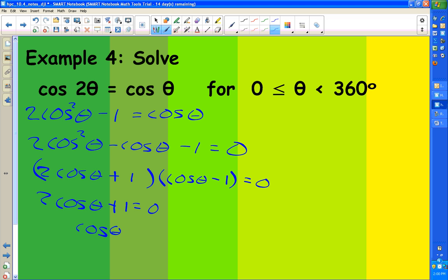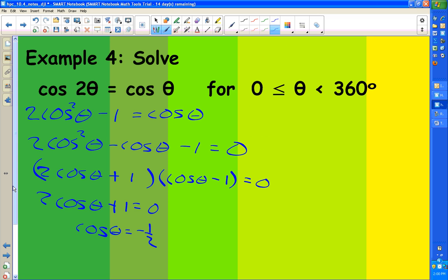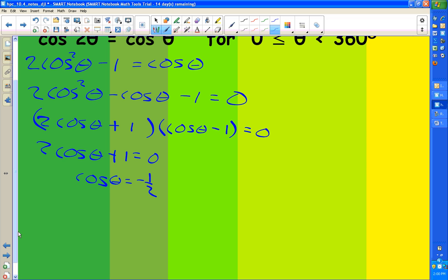Where is the cosine of theta equal to negative 1/2? In degrees now, theta is going to equal 120 and 240.